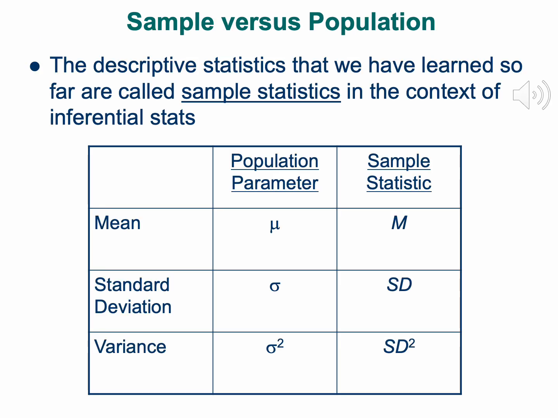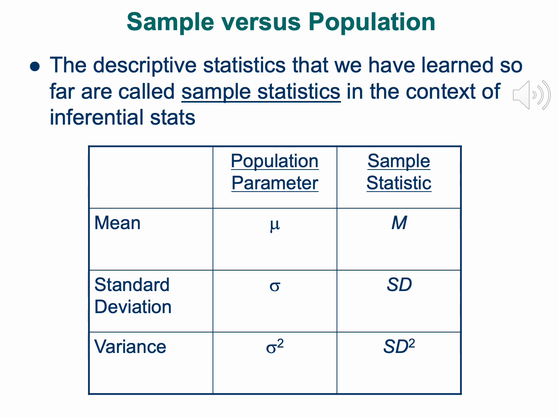Okay, sampling versus populations. This is a slide that depicts the differences in labeling population parameters versus sample statistics, and makes a clear distinction between those two types of metrics.